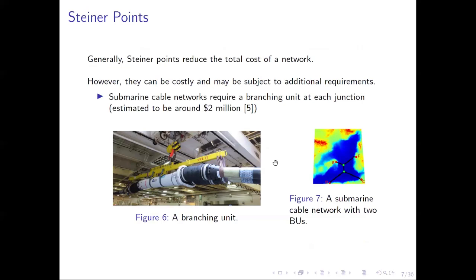At each of these Steiner points, you need what is known as a branching unit. This hunk of metal can be quite expensive. It's estimated to be around $2 million, and I believe that's US dollars, so it's more expensive than Australian dollars. So while they can make the network more efficient, they can also make it more expensive. So what are we going to do?